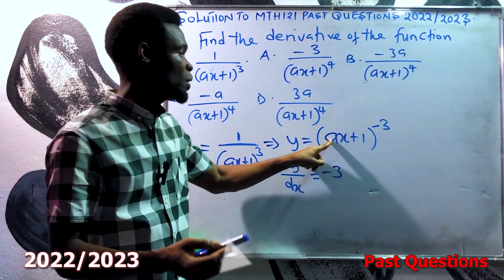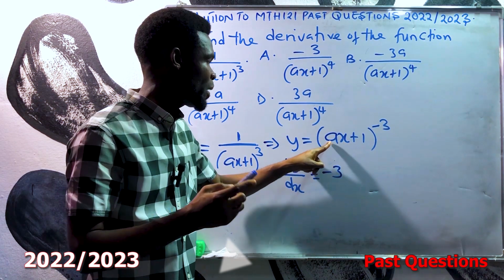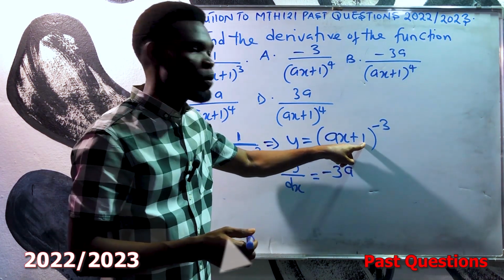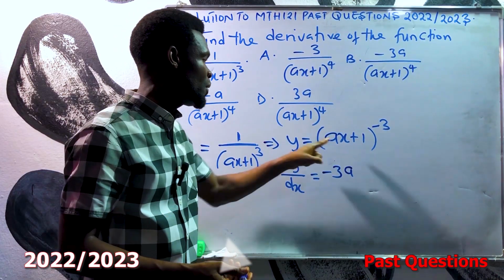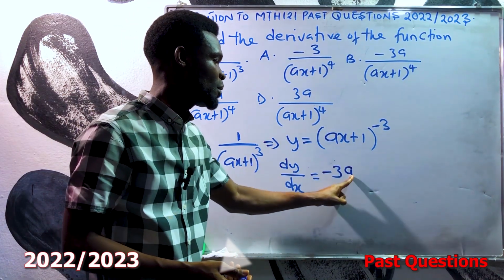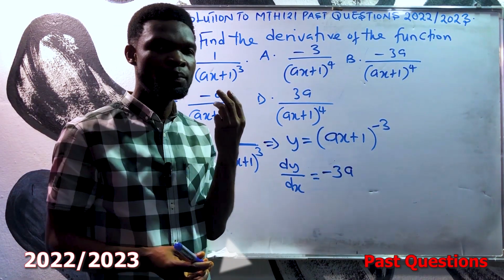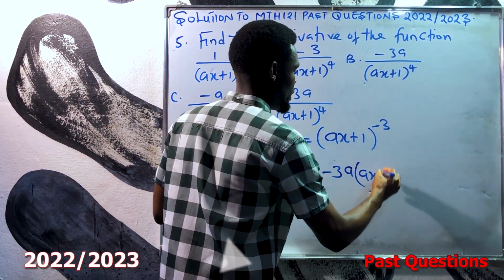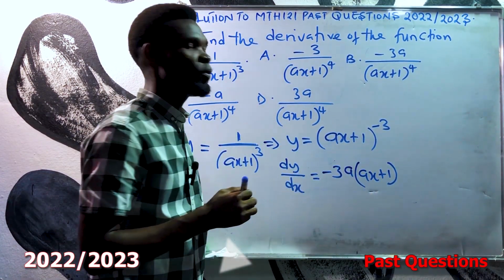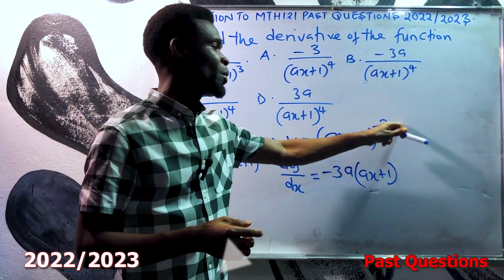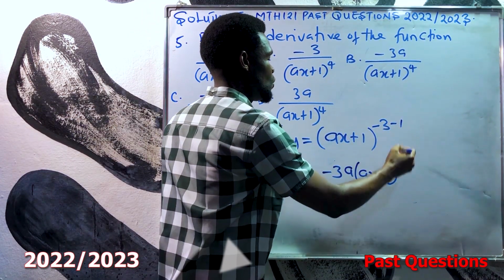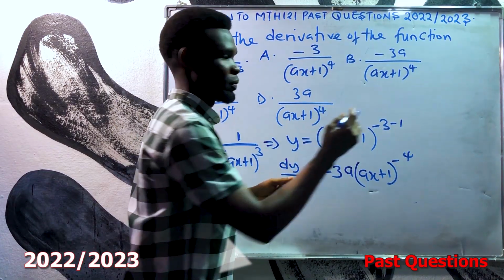It is a, because if you differentiate x, you get 1. 1 times a is a. And then if you differentiate 1, you have 0. So that means that the derivative of ax plus 1 is simply a. Step 3, repeat the bracket, which is ax plus 1. Step 4, subtract 1 from the power. So minus 3 minus 1 will give you minus 4.